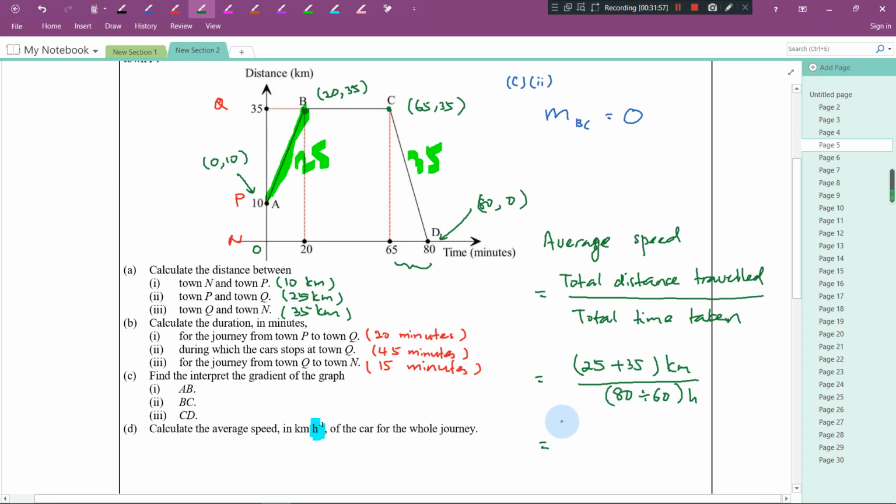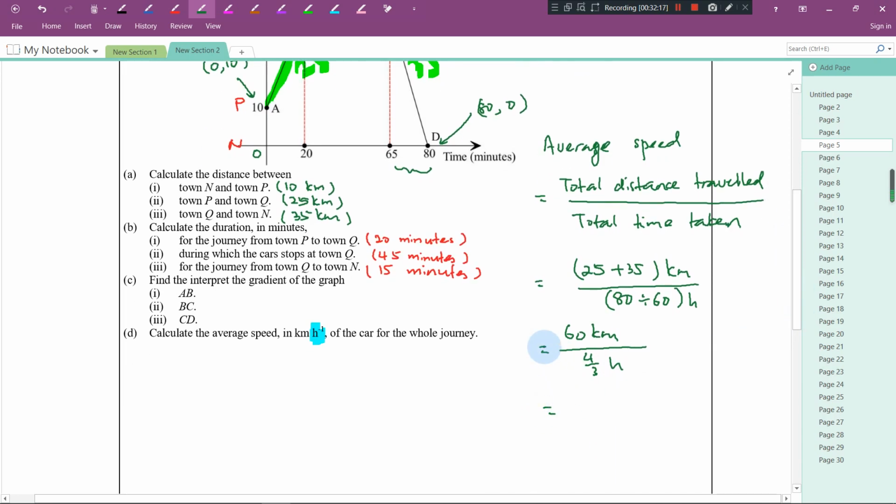So this is 70, right? Sorry, 60. Okay, so this 80 divided by 60, 4/3. Okay, so here you just use a calculator to help you get the answers. 45 kilometers per hour.